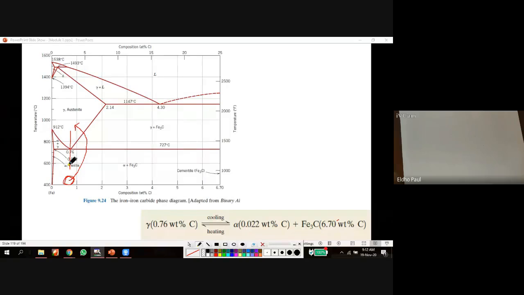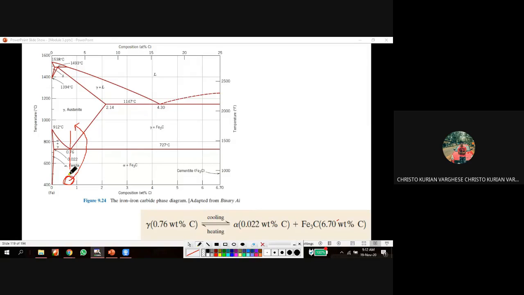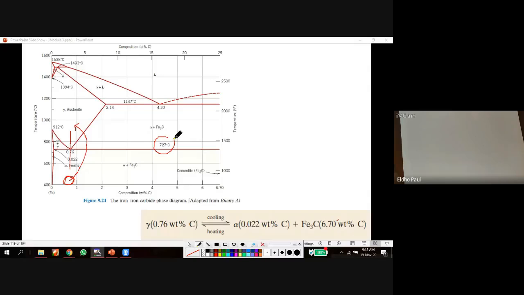So what is the temperature required for that heating? I want to convert the microstructure from this state, alpha plus Fe3C or pearlite, to austenite at the eutectoid composition. What is the temperature required? 727 degrees Celsius.